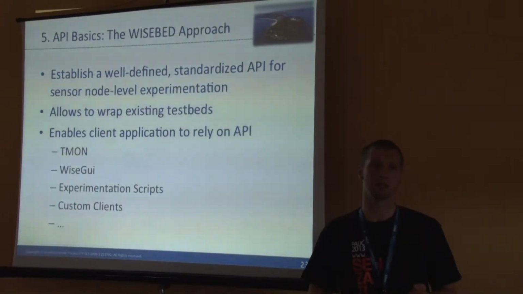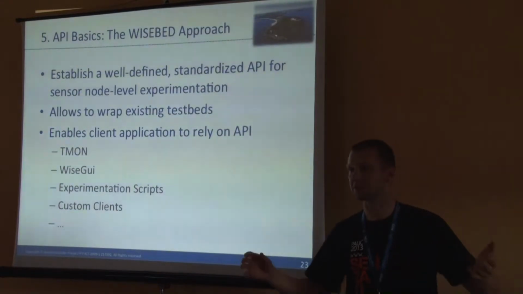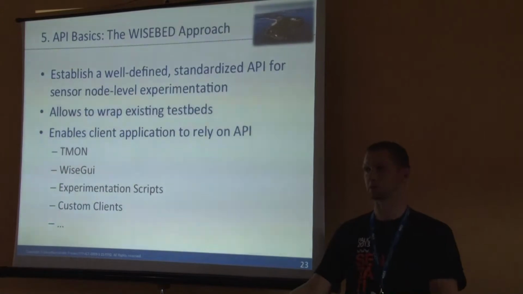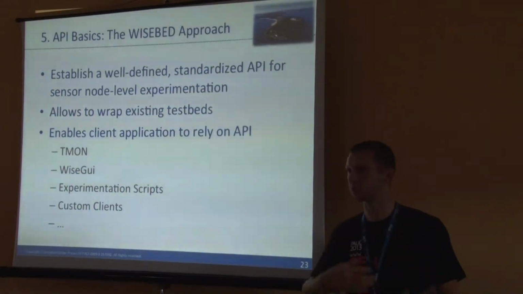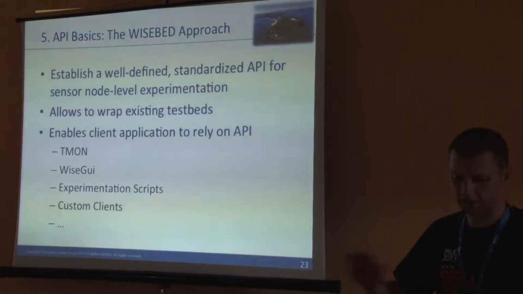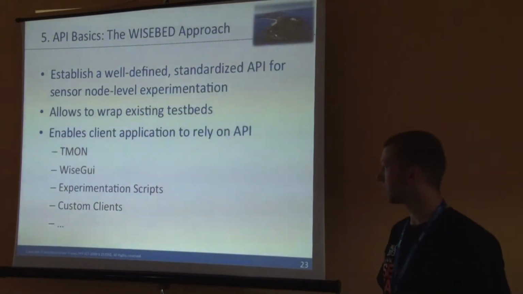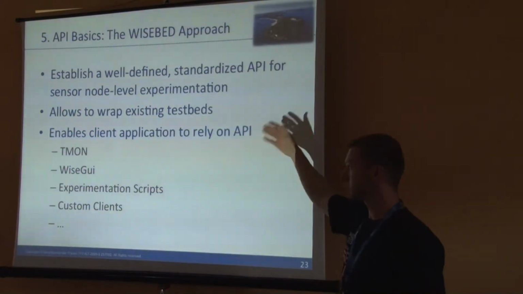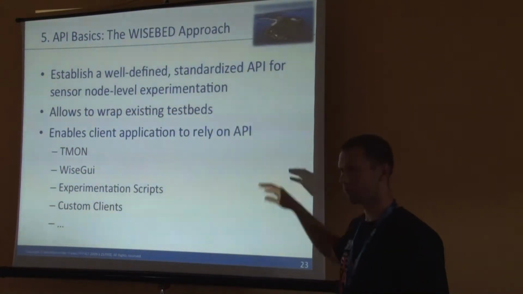So we had seen other testbeds that basically provided a web interface where you could upload an image, and after the image was executed you could download the outputs, and there was not much more interaction possible. So we said we start from scratch with an API, so you could basically allow all kinds of client applications to rely on that API.